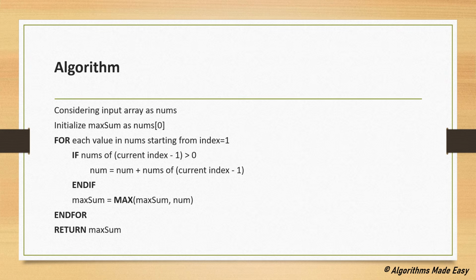Max sum would hold the global maximum sum. Starting from index 1 for each element, if the previous element is greater than 0, then we would update the current element with the sum of previous and the current element. Max sum would be the max of itself or the current element. The result would be the max sum.